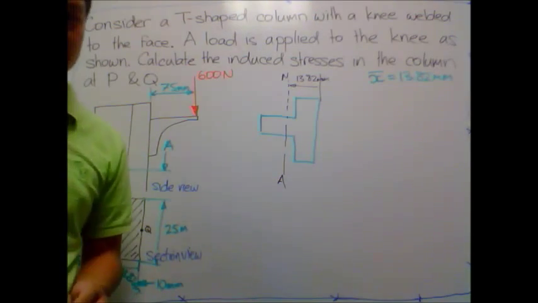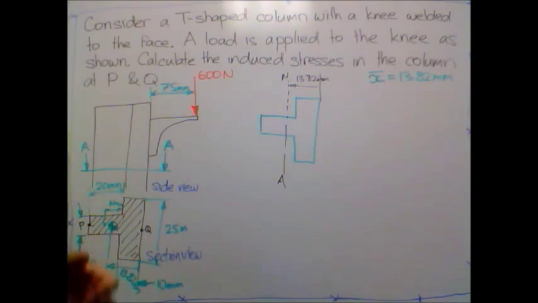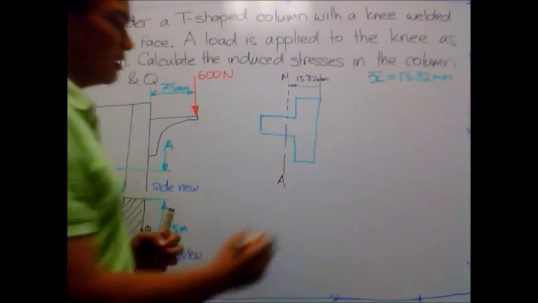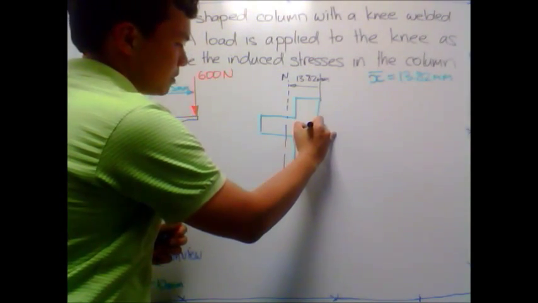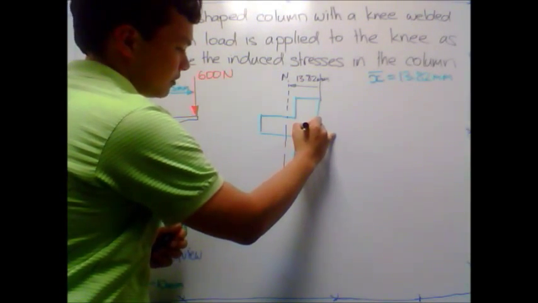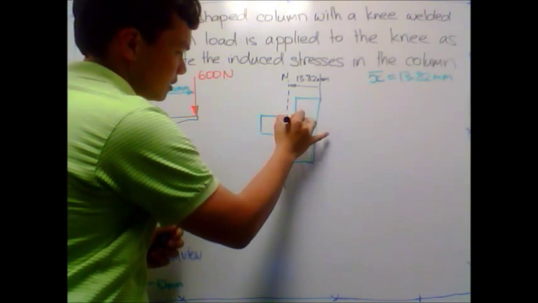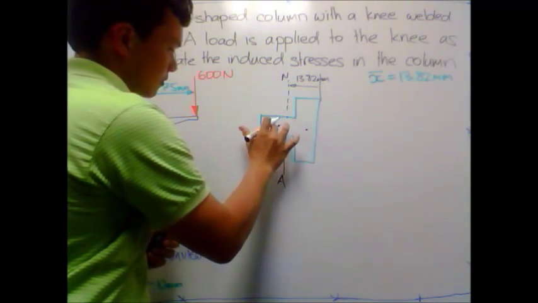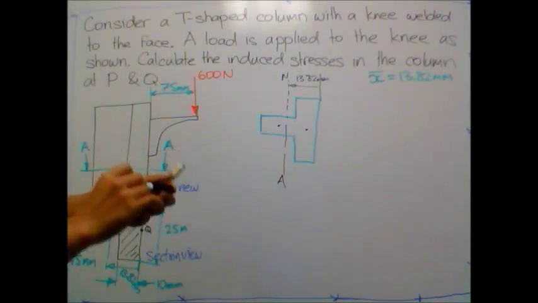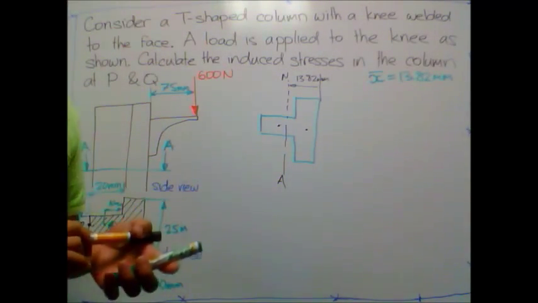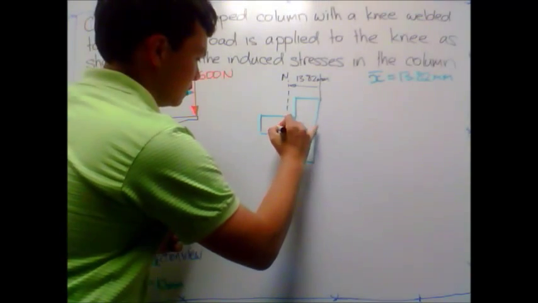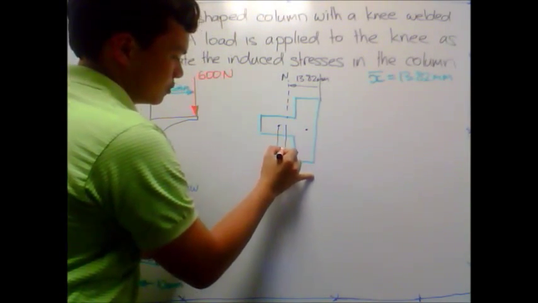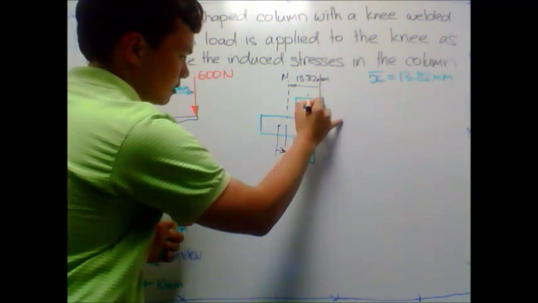The strategy we're going to use to determine the area moment of inertia is to determine the area moment of inertia of each of our shapes around its centroid, and then use the parallel axis theorem to shift the value from our centroid to the neutral axis.